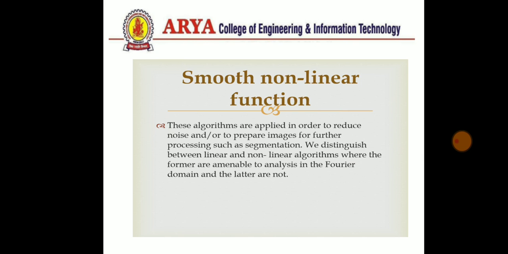This task is performed non-linearly, whereas the former is amenable to analysis by the Fourier transform in the linear domain. So all the images can be seen here in a frequency domain signal, and we have to perform smoothing on these images. In the process of smoothing, we can use some filters, that is smoothing filters.